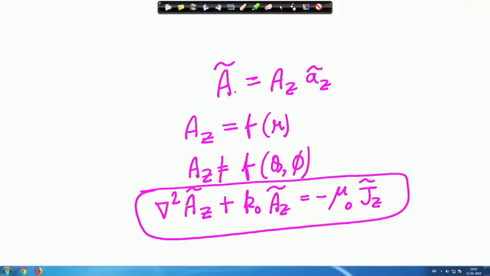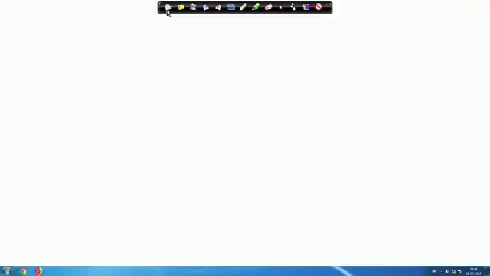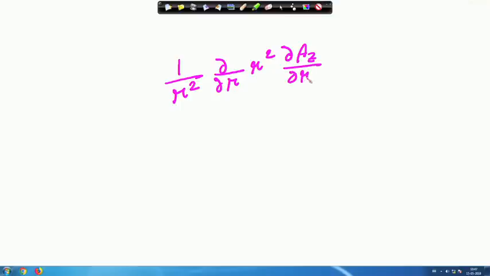I can immediately write the del square in spherical coordinates: 1 by r square del by del r of r square del Az by del r, plus k naught square Az.